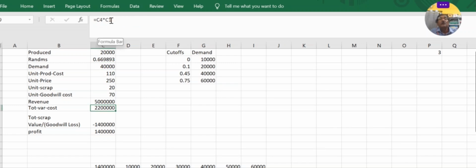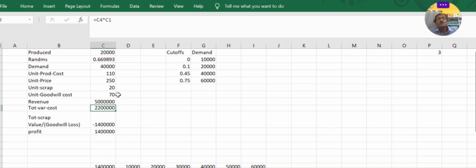You have written C4 into C1. C4 is the cost, 110, and C1 is 20,000, so the total cost is 22 lakhs. And as the demand is more and production is less, the company will have to bear the goodwill cost.